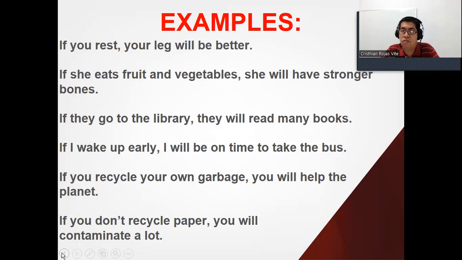So first, you need to understand what the zero conditional is, and after that, you are ready to go to the first conditional, which is this video. So please, down below, you can find the specific link for the previous video, so you can check it before watching the first conditional video. Thank you very much.